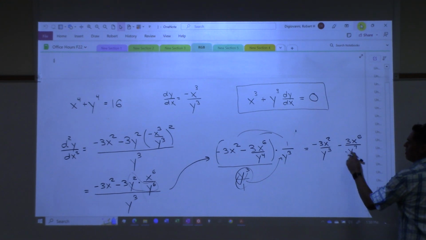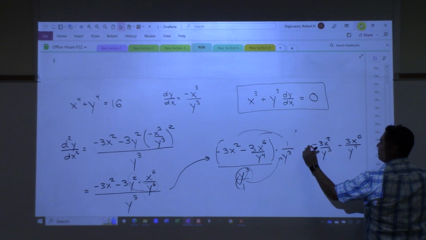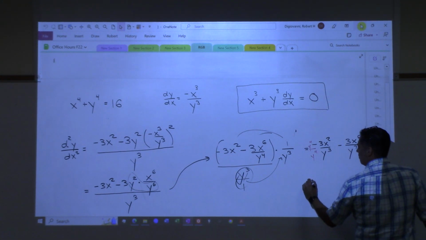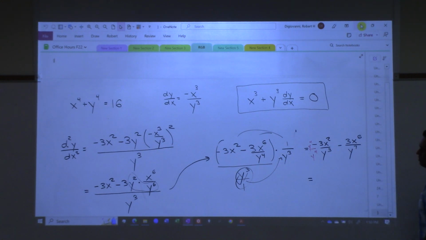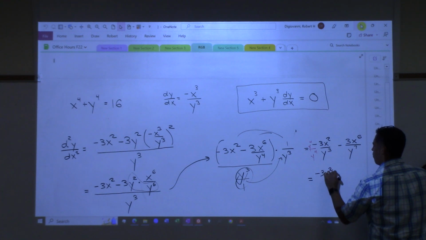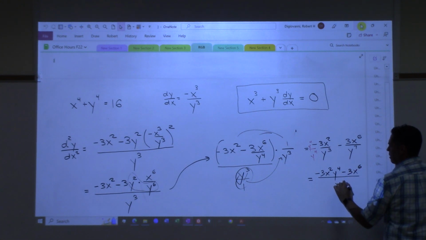So we have to have the same denominator here. So I would need what here? Top and bottom by y to the fourth, like that. So we've got negative 3x squared y to the fourth minus 3x to the sixth over y to the seventh.